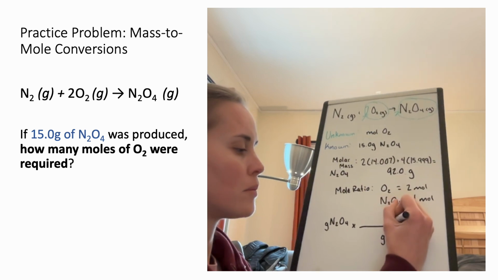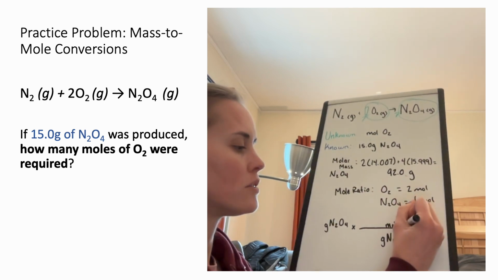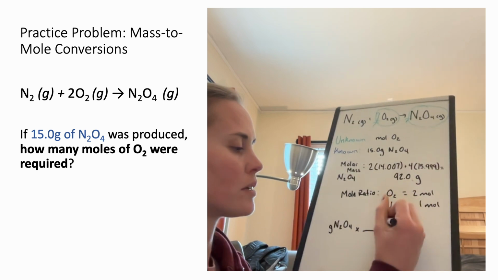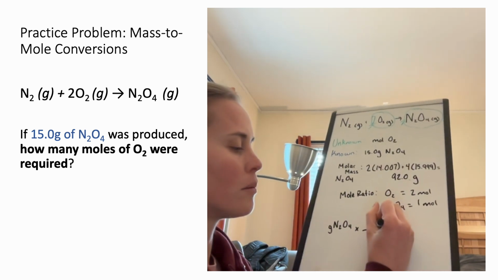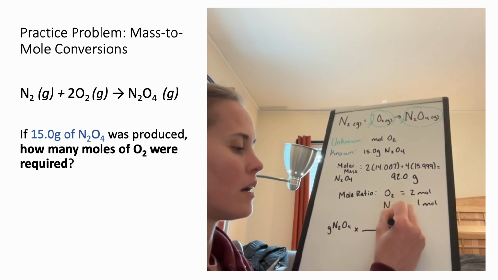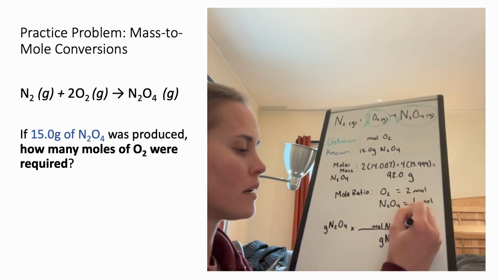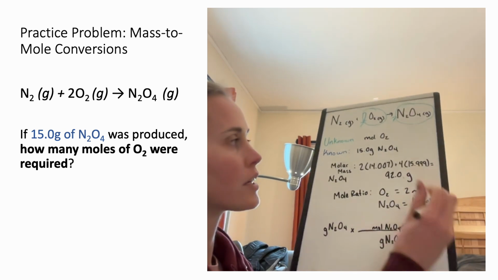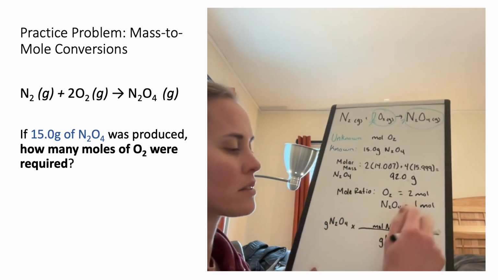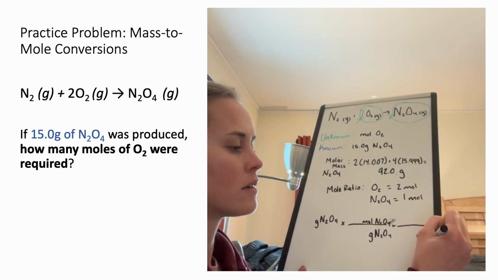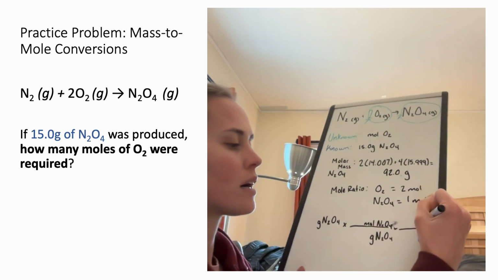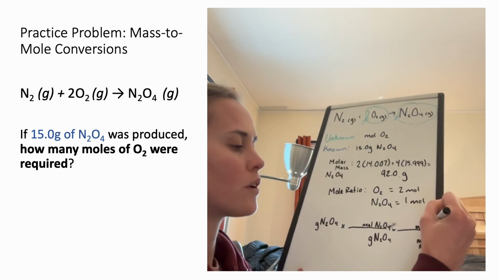So this will be moles of N2O4. Then times, again, we're looking for moles of O2, so we want to cancel out the moles of N2O4. And on the top, we're trying to get to moles of O2.